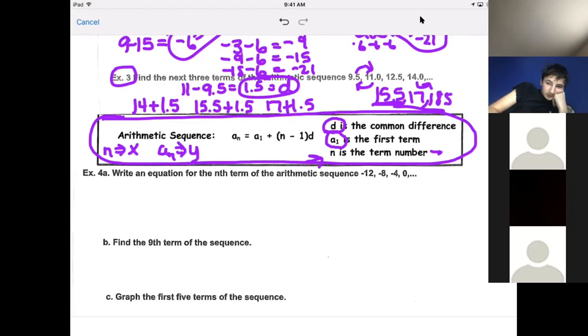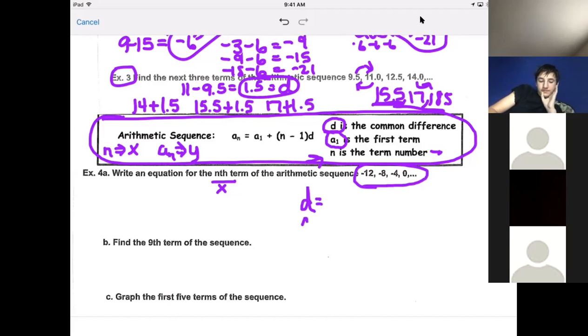It says write an equation for the nth term of the arithmetic sequence -12, -8, -4, 0, etc. So here's what we need to do from this pattern. We need to identify the common difference. Remember, that's the number that we keep adding over and over again.